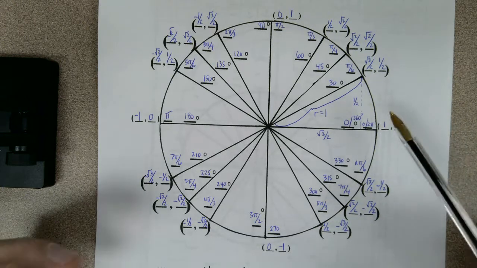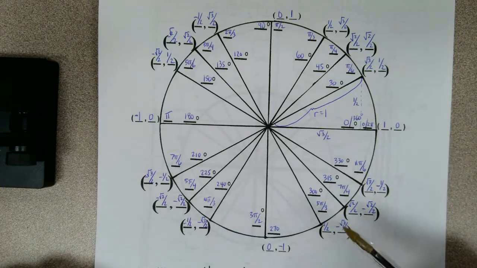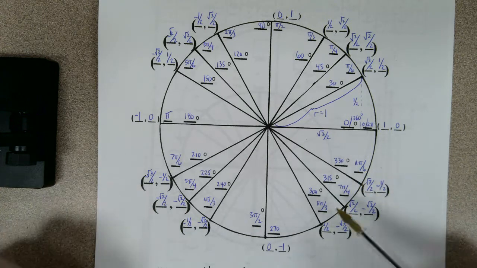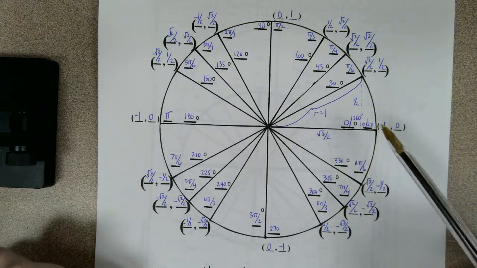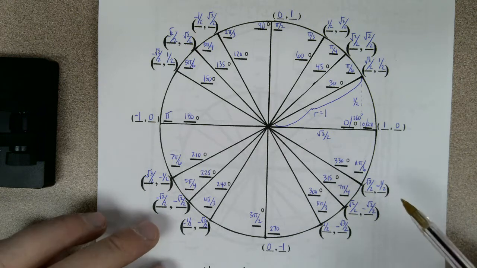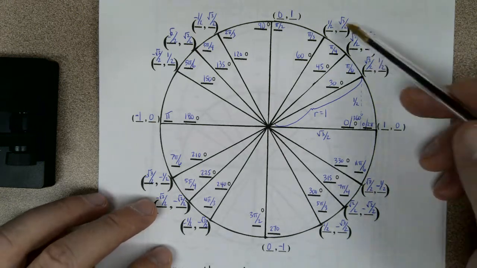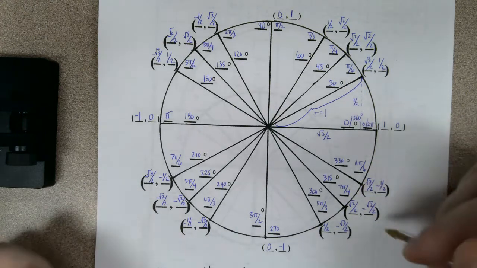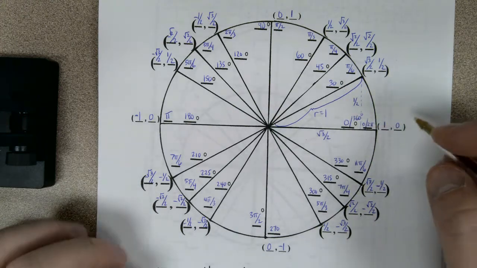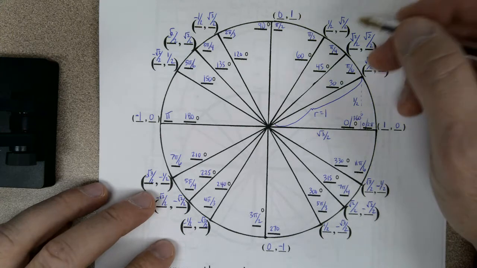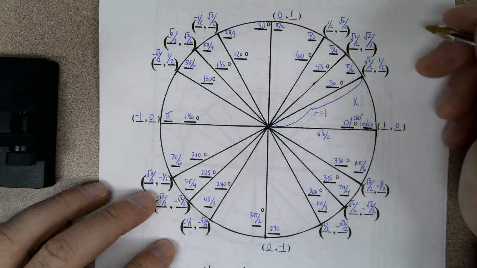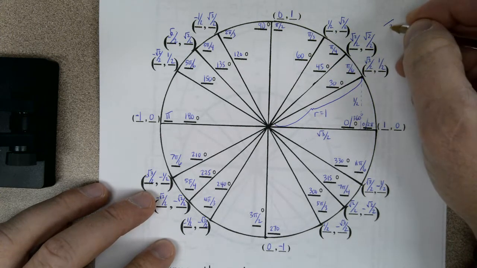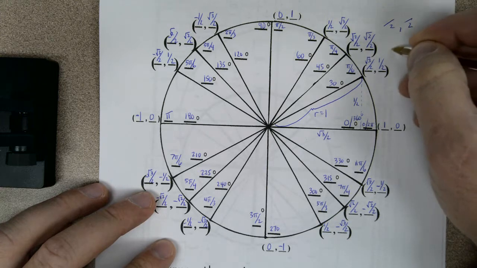Now, how do we utilize the unit circle? Before we get to that, let me give you a real quick thing that can help you to memorize this. If you don't want to have to draw the triangle every time, think about all of these being over 2.